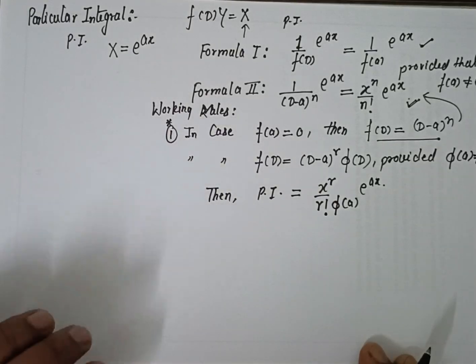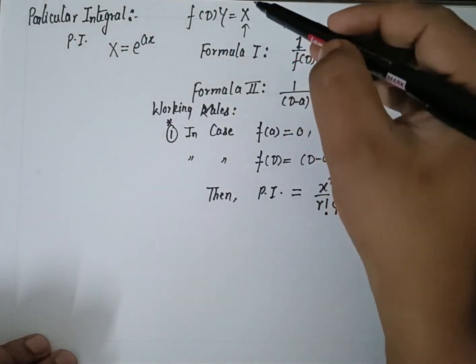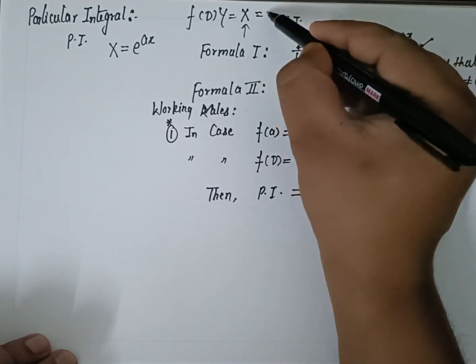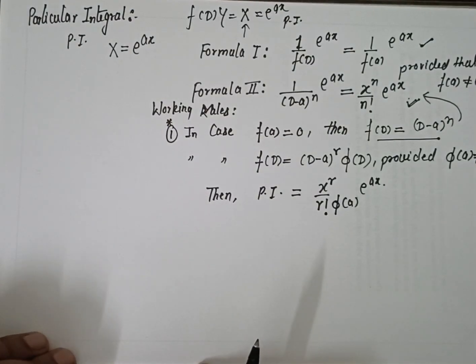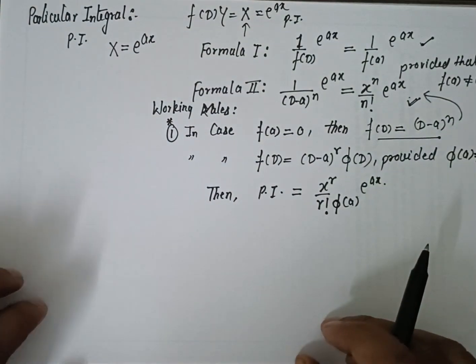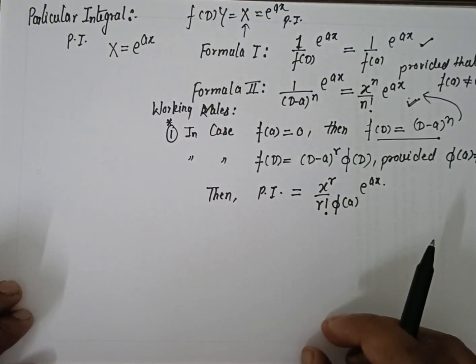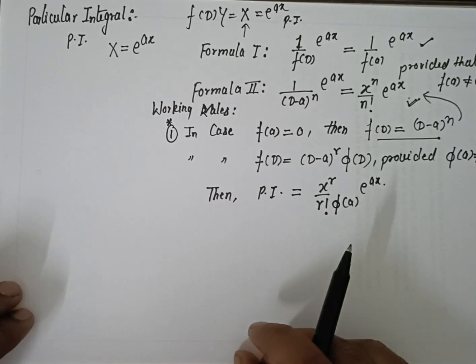So guys, remember this thing: if your capital X is of exponential type e to the power ax, you will apply this theory. Whenever your capital X is the exponential function in terms of e, you will apply this theory to find the particular integral.